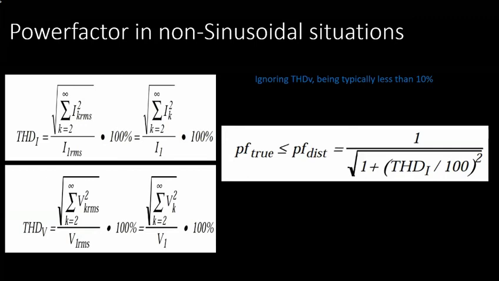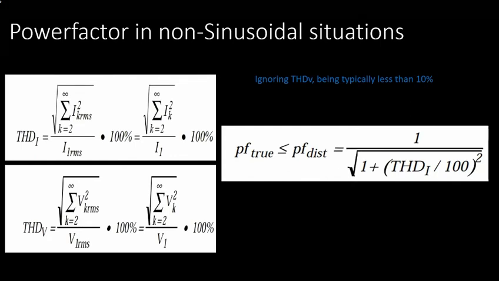So if you have a nonlinear load or a nonlinear load system, where it could be different types of load, and if you have, say, a total harmonic distortion of 5%, you put 5% in THDI and use this formula. You can do the calculations yourself, but I can tell you, you'll get a true power factor of 0.99.